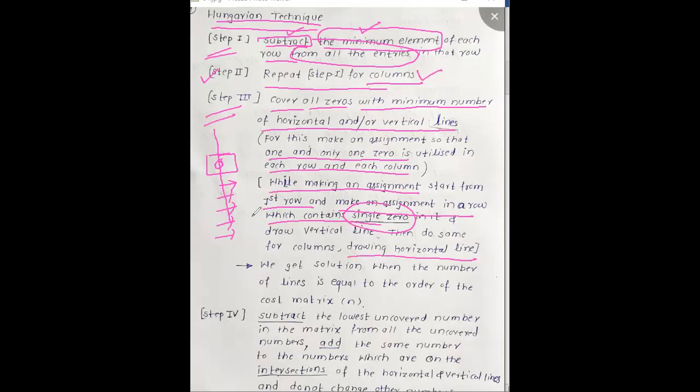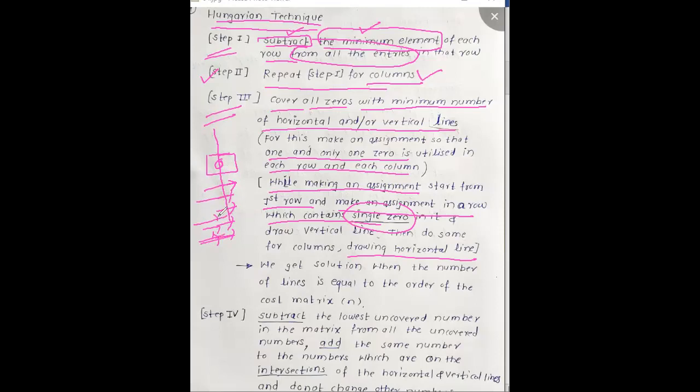So we search for a single zero in the first row, second row, third row, and so on. Suppose there are 5 rows, so search for the single zero in all 5 rows. Then after that, look at the columns containing single zeros.